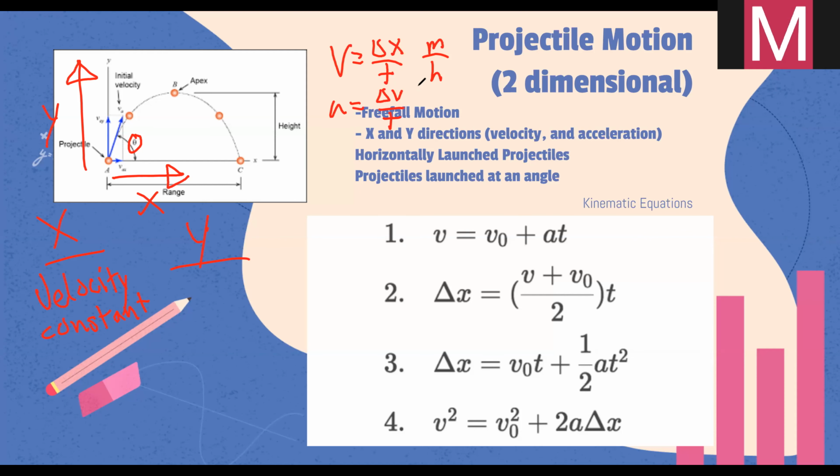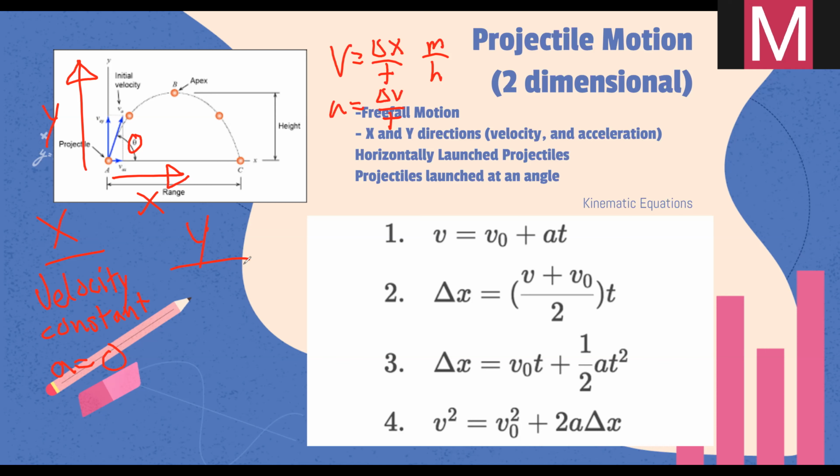So before I said, like, if you press the gas pedal on your car and you accelerate, you're basically changing your velocity, okay? And in the x direction for projectiles, your acceleration is always 0. So therefore, if your acceleration is 0, your velocity is not changing, right? So it's constant.